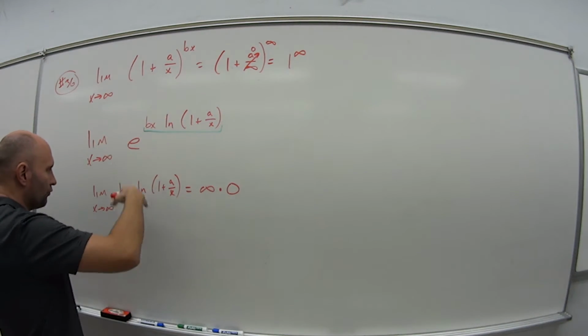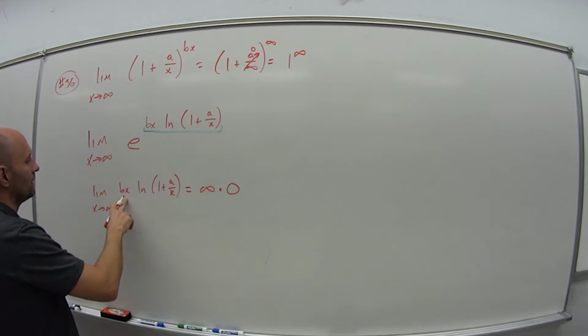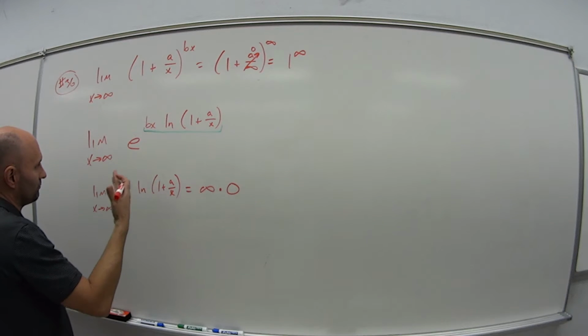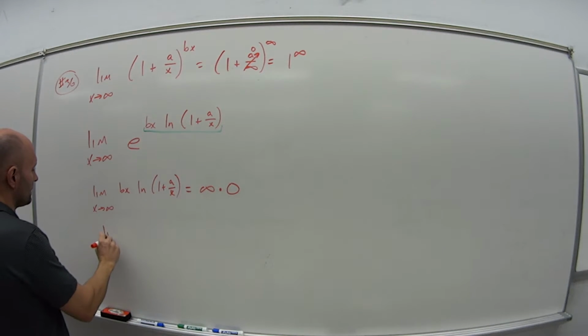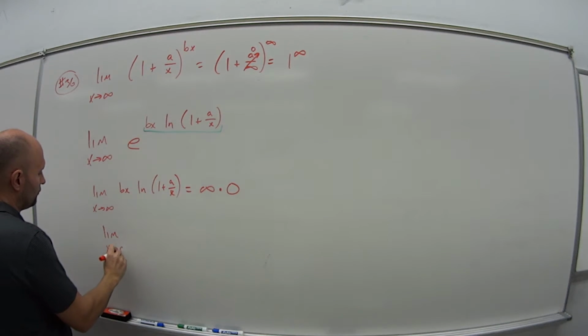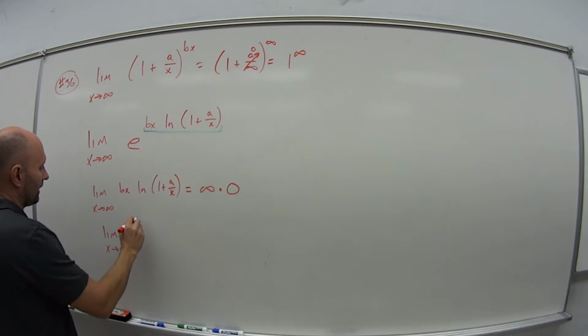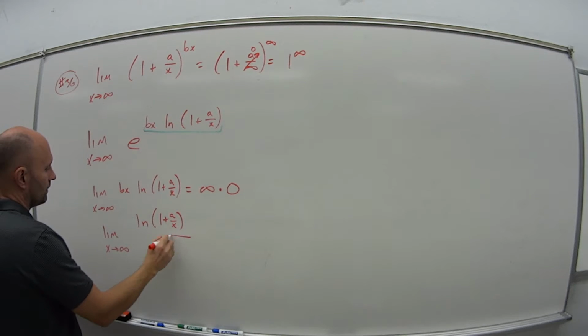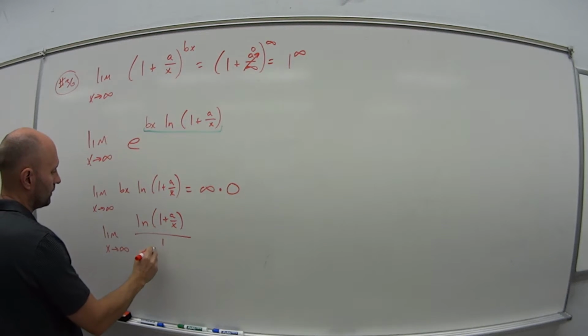So I'm going to have to move one of these into the denominator and take the reciprocal of it. So I'm going to take b times x, because that certainly looks a lot easier to me. So if I do that, I'm going to rewrite this thing as: leave the natural log piece in the numerator, all over 1 over the first function, bx.